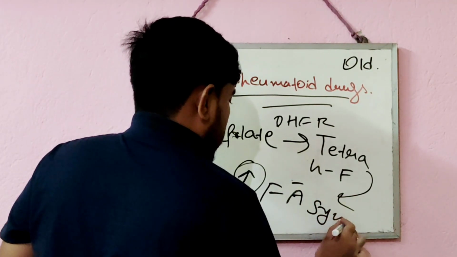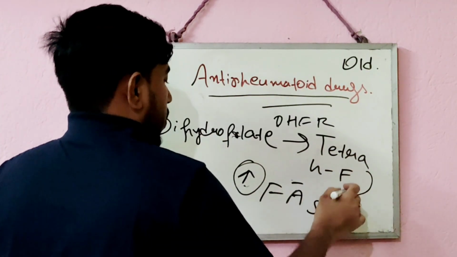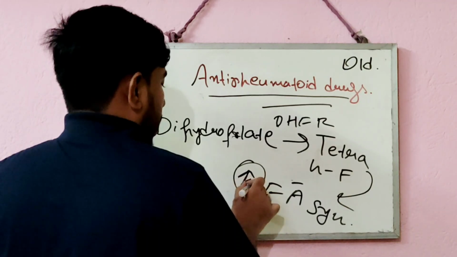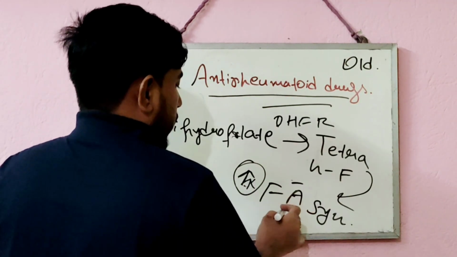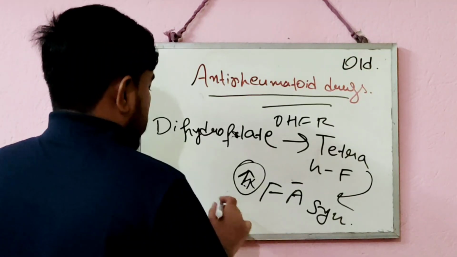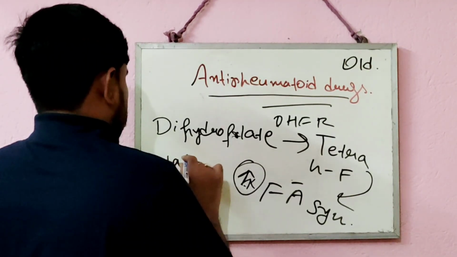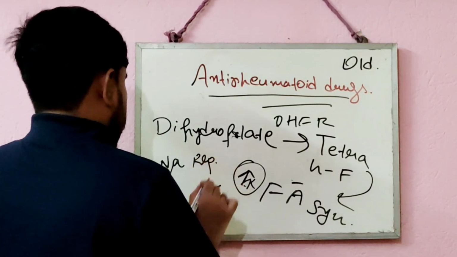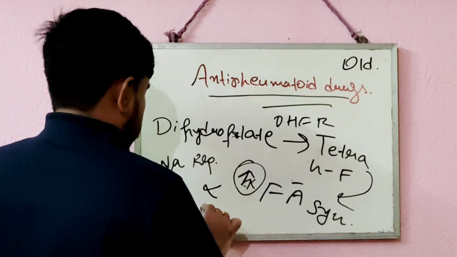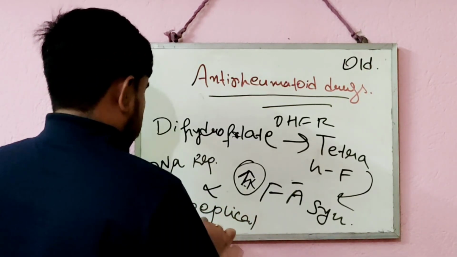So the conversion will lead to the promotion of synthesis of a high quantity of folic acid, and that synthesis will lead to DNA replication and self replication, or cell multiplication.